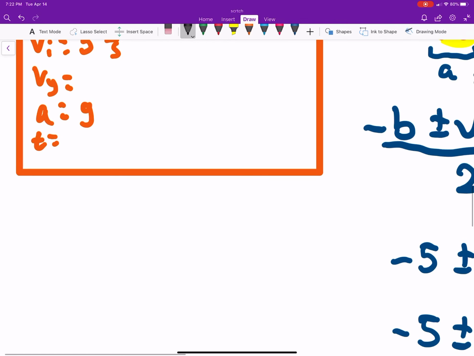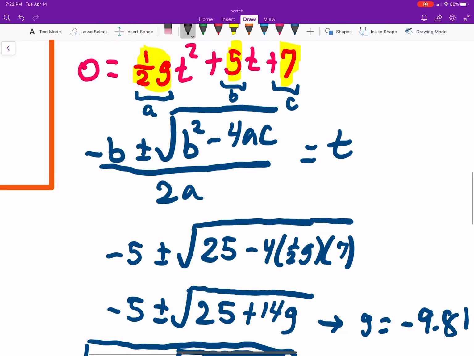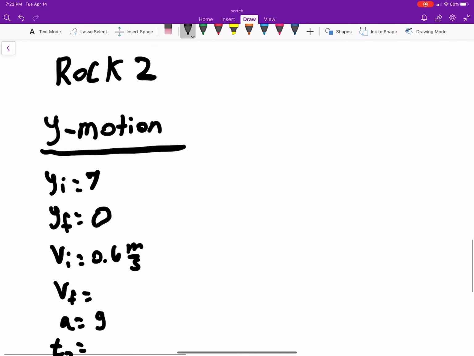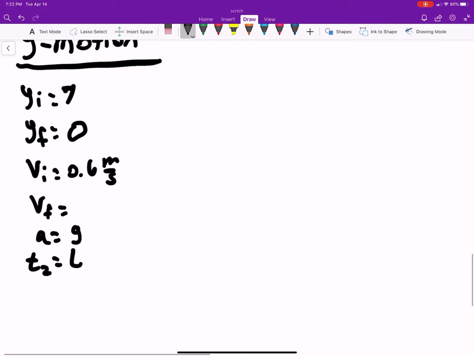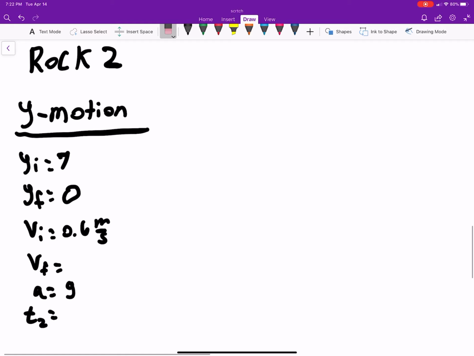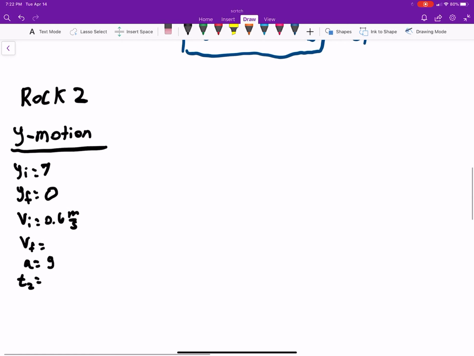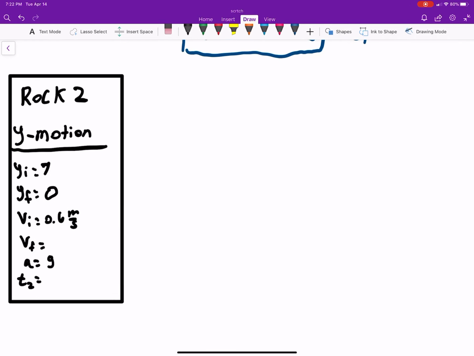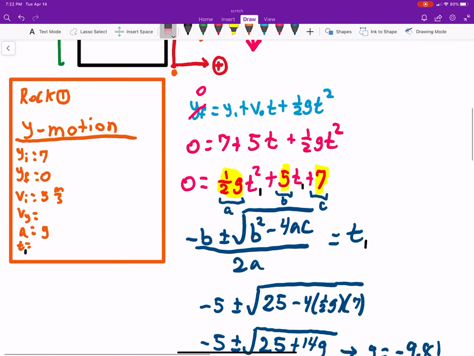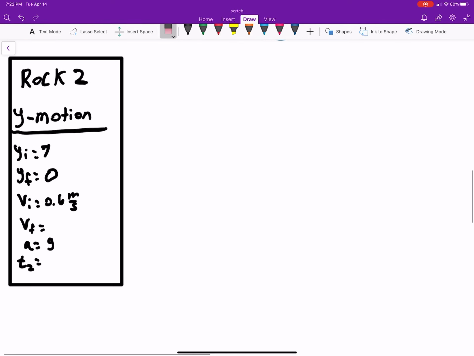I'll go up and make sure we know this is T1. T2 we'll keep as just unknown. All right, so we have all this. That's the same thing we did with rock 1, except with rock 2.